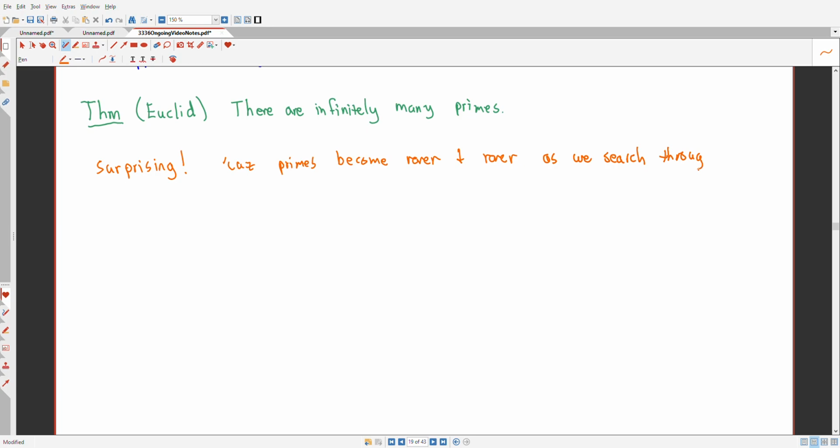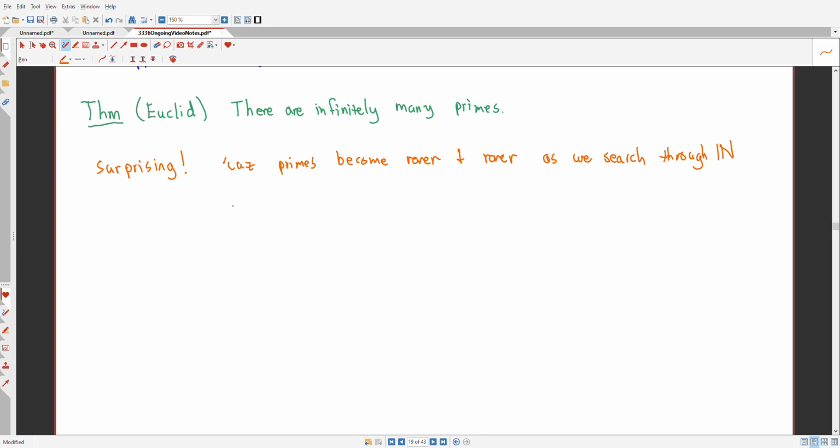So let me show you what I mean by this. The point of what I'm talking about here is what I wrote in green. So what I'm writing in orange here, you could dismiss as a kind of digression, but it's a useful one. It's a historically important or interesting one. So here's what I mean by the primes becoming rarer and rarer.